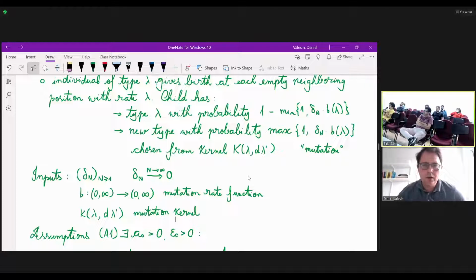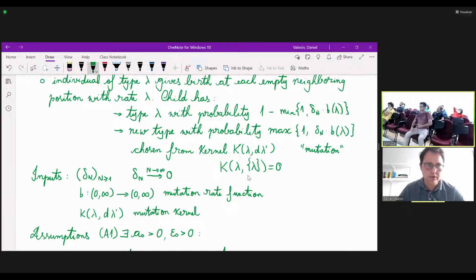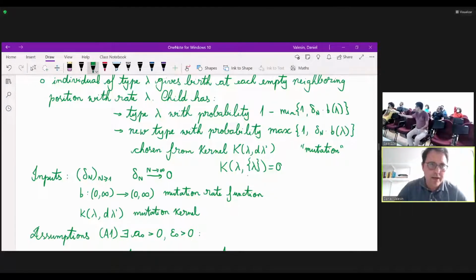Let me also assume that K of lambda to lambda is equal to 0, that you don't have jumps from a type to itself. I really want it to be a probability and without self-jumps.